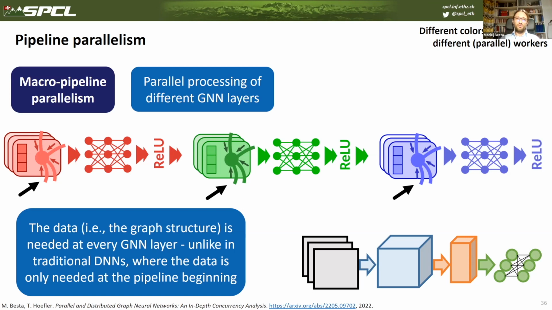Which means that actually in GNNs, we do have to access the input data, because the graph structure is a part of our input data at different stages, not only at the very beginning, which now implies that we need to consider this aspect in the design of our, for example, software frameworks or hardware accelerators, because we have to have this efficient access to this initial graph structure at almost every stage of our GNN pipeline.